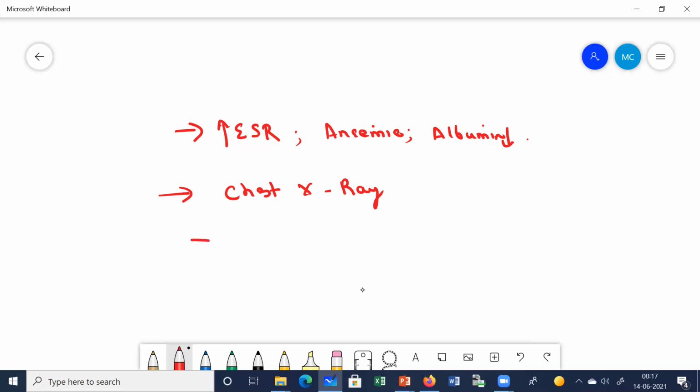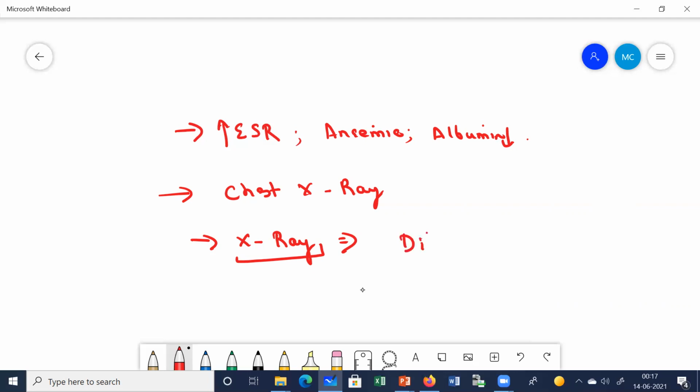Then we are going to carry out the plain X-ray of the abdomen. What is the plain X-ray of the abdomen going to reveal? It can show some calcified lymph nodes, or if there has occurred any obstruction in the intestine due to the strictures, you can see dilated bowel loops. You must have seen a case X-ray of intestinal obstruction.